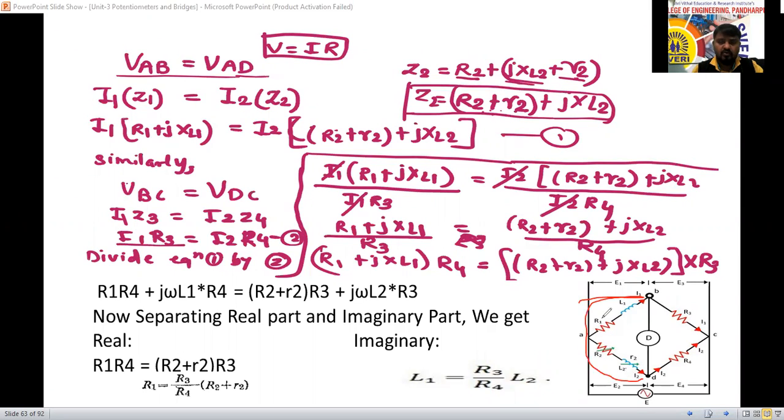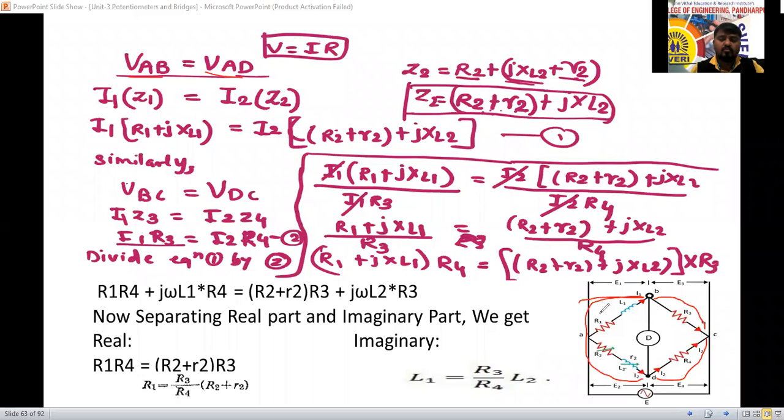VAB equal to VAD, or VBC equal to VCD. These two are equal, and these two will be equal. For that reason, I have considered VAB equal to VAD: the voltage drop across A to B equals the voltage drop across A to D.